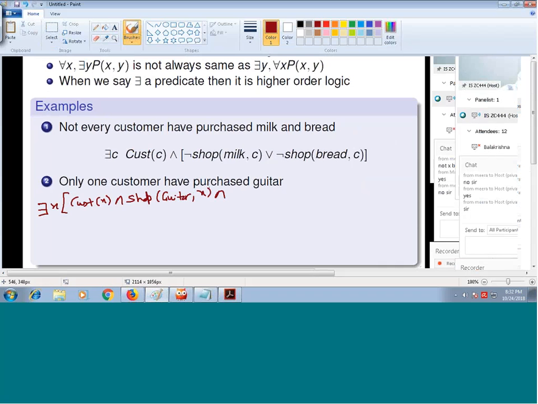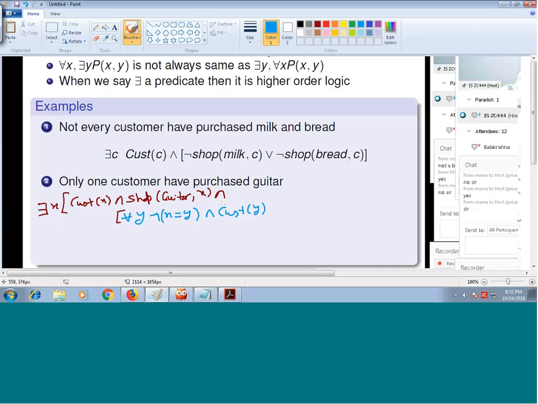And there is a condition, and what is the next condition? That nobody else has purchased the guitar, because only one person has purchased the guitar. So then say, and for every Y such that X is equal to Y is not true, meaning if X is not equal to Y, anybody who is different from X, and Y is a customer, because I will not talk about anybody who is not a customer.